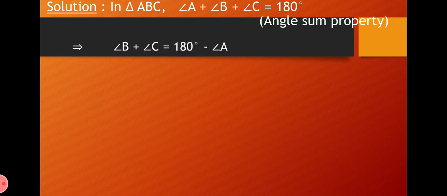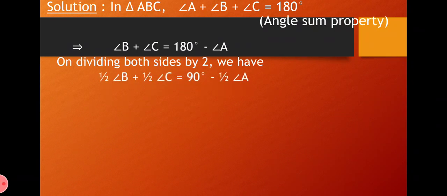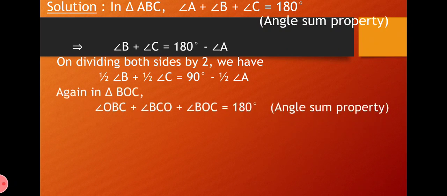We further solve it in this way, that we write angle B plus angle C equal to 180 degree minus angle A. We are transposing angle A on the right hand side, so angle A will become minus, and we get angle B plus angle C equal to 180 degree minus angle A. On dividing both sides by 2, we divide both the sides of the above equation by 2, so we get half of angle B plus half of angle C equal to 90 degree, which is half of 180 degree, minus half of angle A.